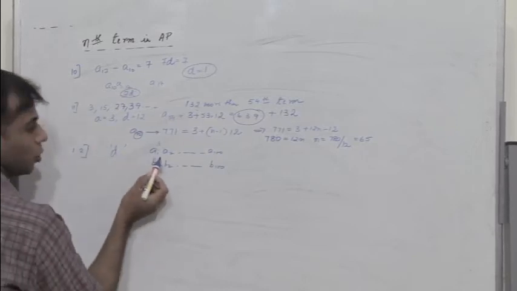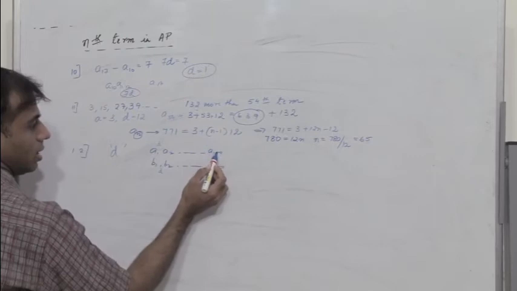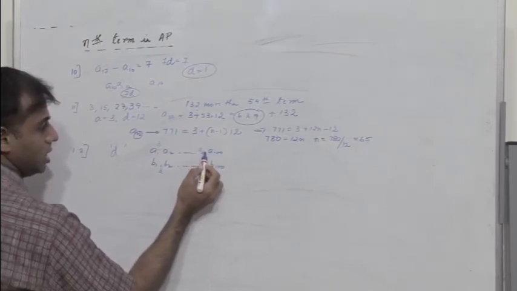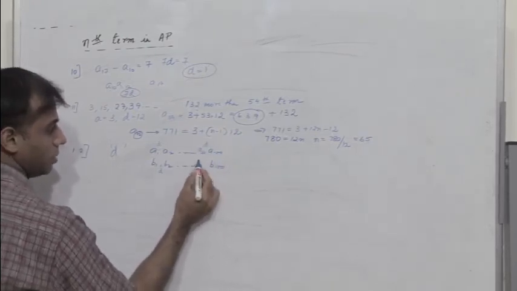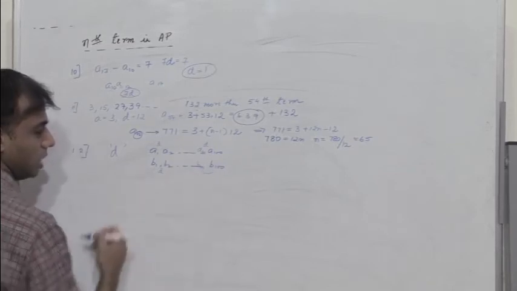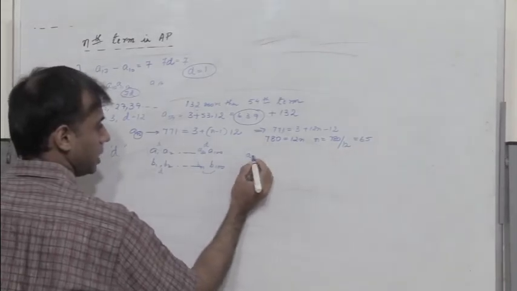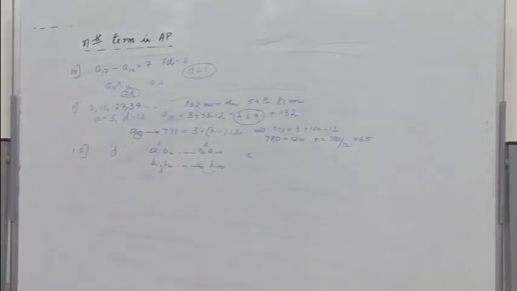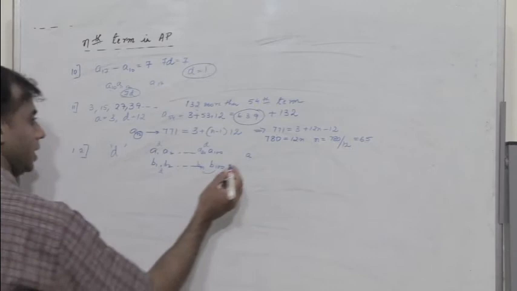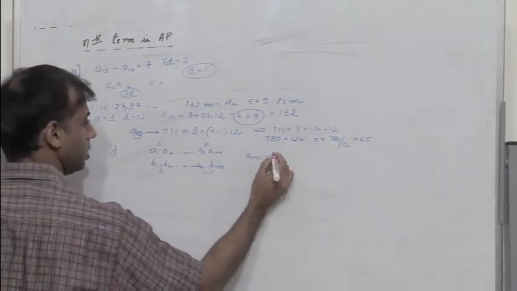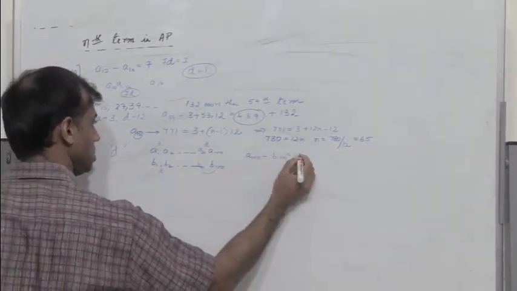So therefore, A100 minus A99 is also D and B100 minus B99 is also D. Now it has been observed that if I take the difference of these two, that is, A100 minus B100, it is equal to 100.